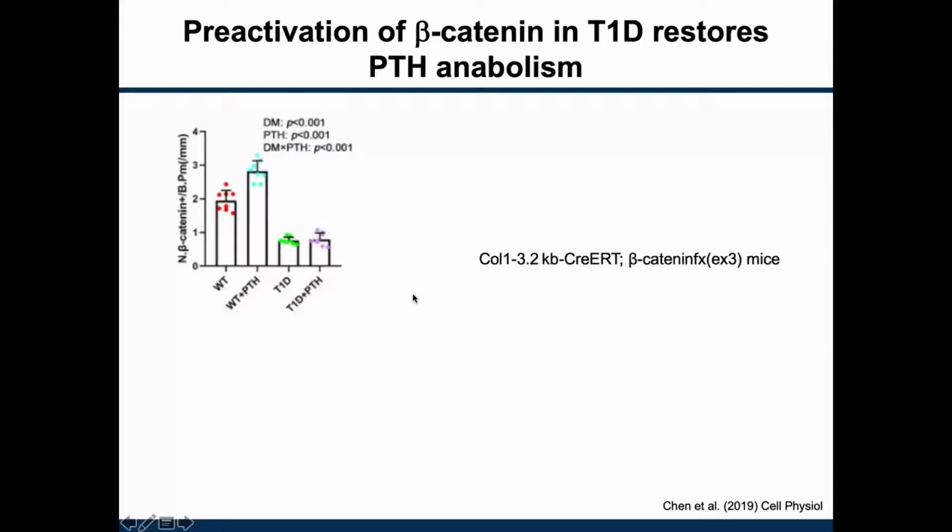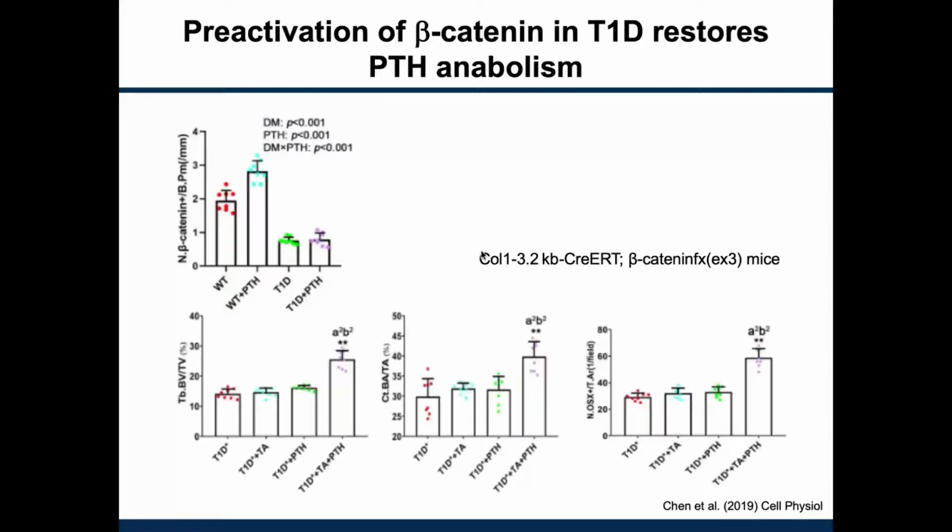So this group has then produced a mouse where they can selectively activate beta-catenin in osteoblasts using the collagen promoter. And they have then subjected these animals to type 1 diabetes and with or without PTH treatment.